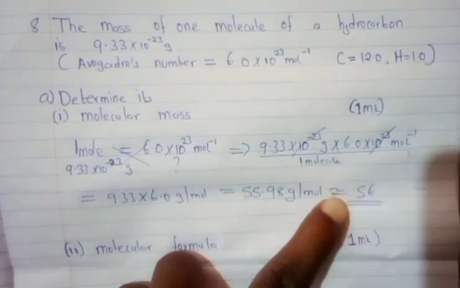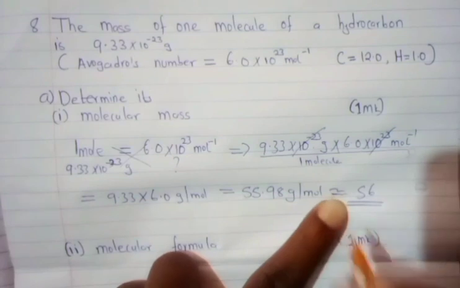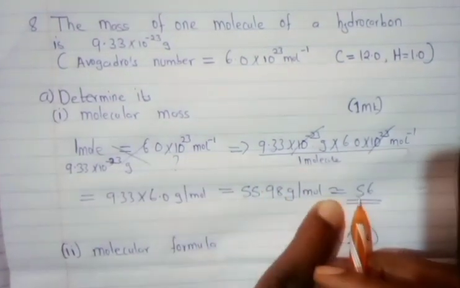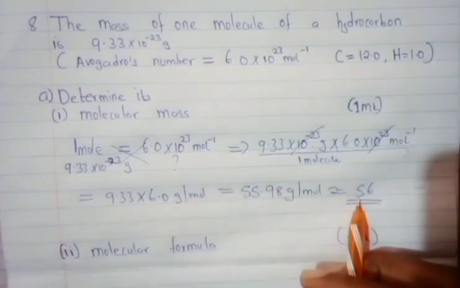So this is the answer. The approximation of this one, when you want to make it a whole number, we round it off, it becomes 56. So that is the molecular mass.